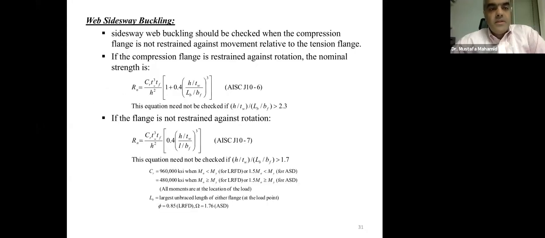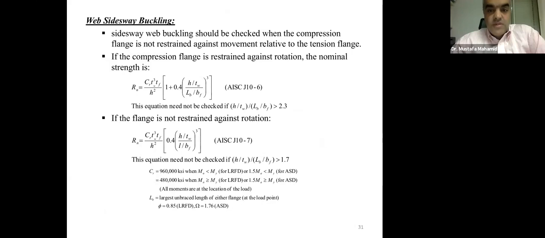The other limit state is web sidesway buckling, again due to a concentrated load. The webs typically are slender, especially for deep members, and they may buckle about their weak axis. So if you have a concentrated load, that's a possibility.